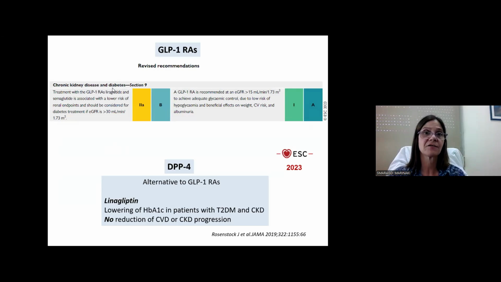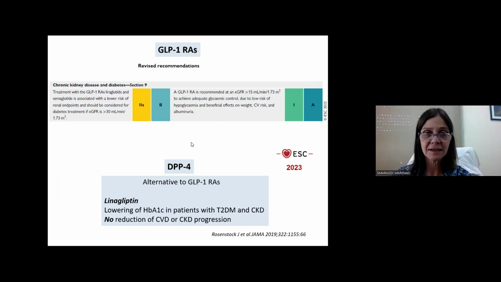And this is a revised recommendation from the ESC guidelines. As you can see, in 2019, it was adjusted and in patients with eGFR higher than 30. Now it is recommended, and in patients with eGFR even as low as 15 mL per minute.